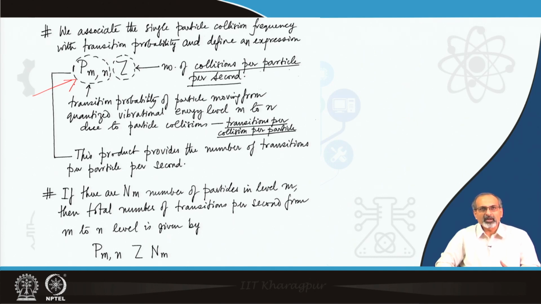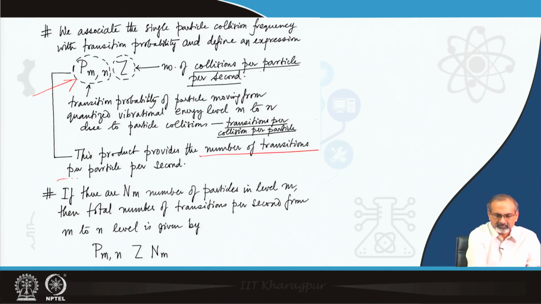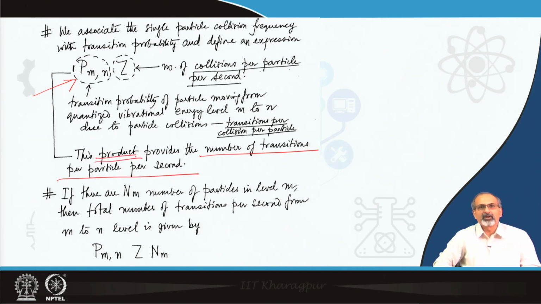So, when you take a product, the transition probability of a particle moving from quantized vibrational energy level m to n due to particle collisions gives us the transition per collision per particle, while the second term gives the collisions per particle per second. This provides a product which is the number of transitions per particle per second. So, we have to be careful about what the product actually signifies: number of transitions per particle per second.